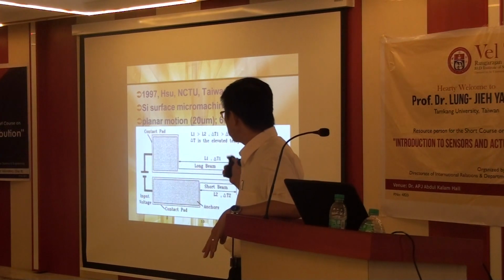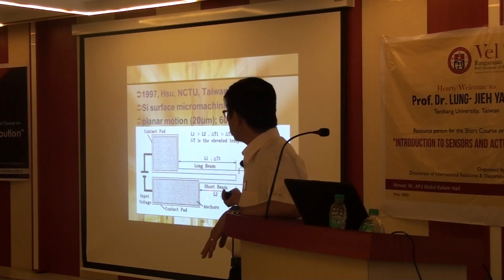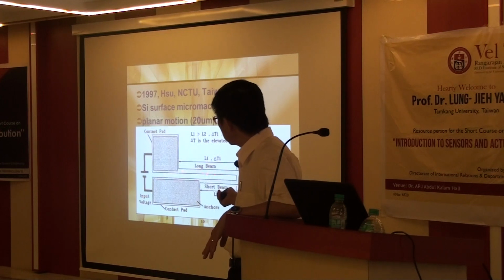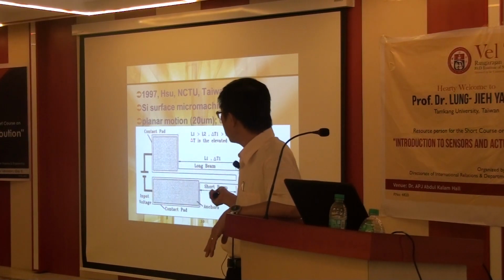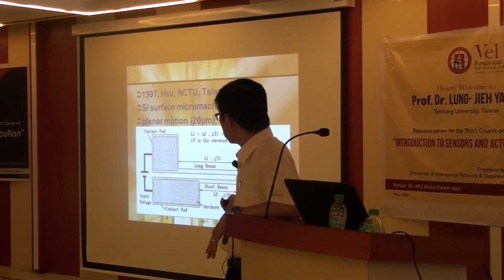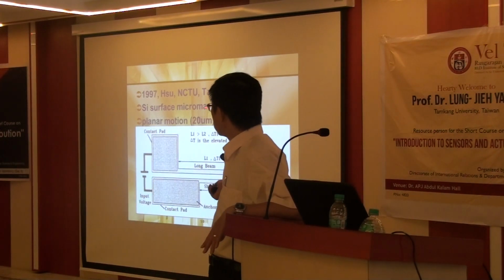But for this design in Taiwan, we use the thin film technology. We use the silicon surface micromachining, meaning that they grow polysilicon film as the material for this structure. How to make it?